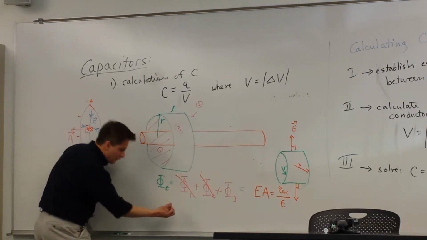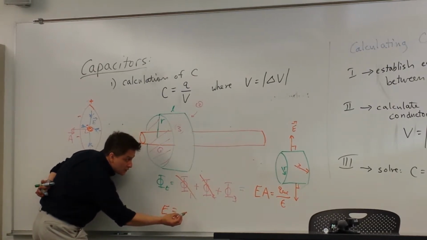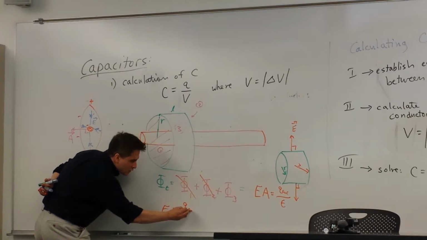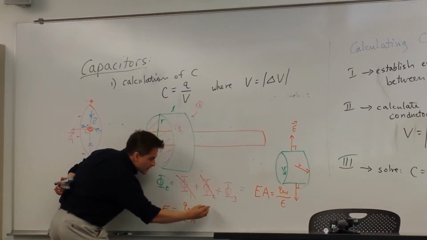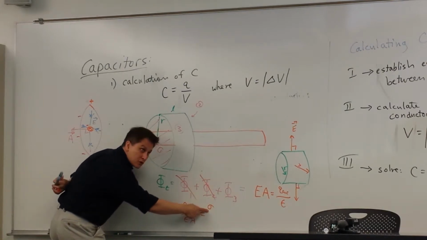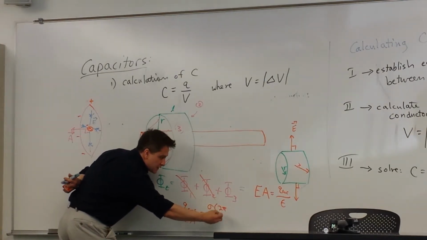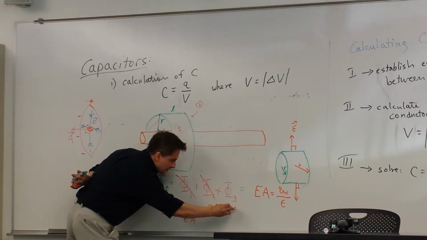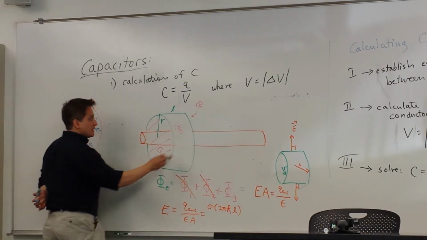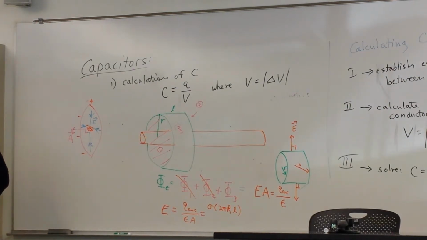So, solving for E, E would be related to Q enclosed divided by epsilon A. And Q enclosed we could express as the uniform surface charge density times the circumference of the inner conductor times little l, because that's based on the shaft length.